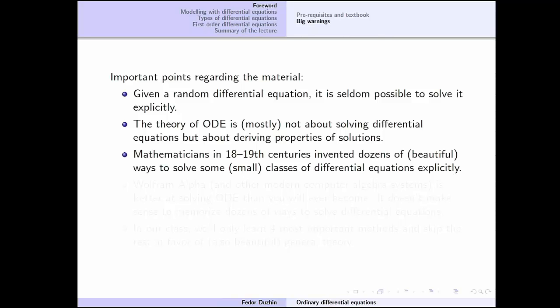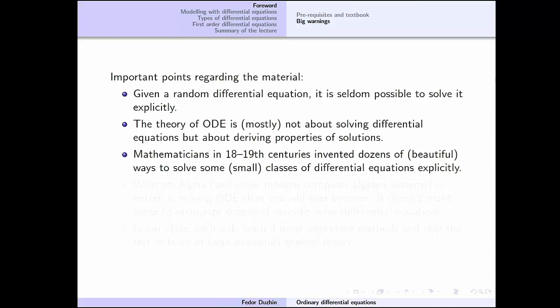But at the same time, somehow the subject of differential equations is kind of special in the sense that here the practice of education is usually very traditional, very old-fashioned, right?